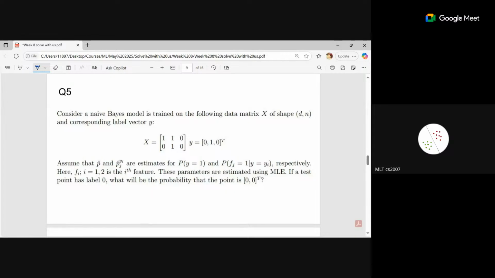So here again, you have a data matrix given to you, which is X, and you have Y, which is 0, 1, 0. That is the label. We know the usual estimates we had done. And the question here says, if a test point has label 0, then what is the probability that the point is 0, 0?